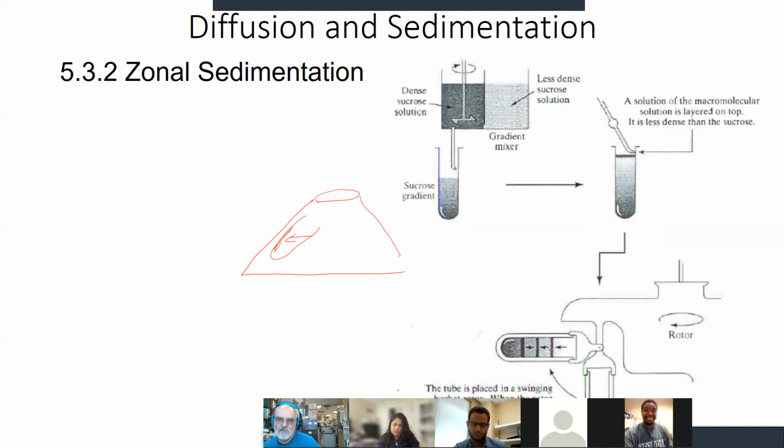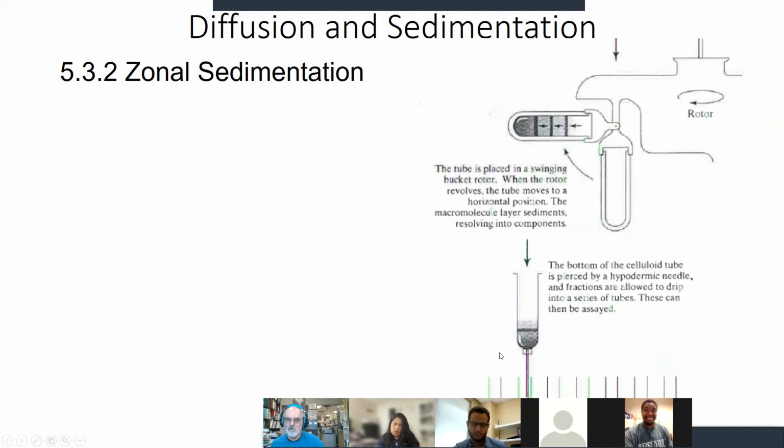You have to know how long to sediment, and you can capture things. This is the technique, for example, that was used to isolate polysomes early in the 60s. This is the way that people said, oh, look, we have molecules with multiple ribosomes on them. What is that? Okay, so this was the technique that was used for that type of an analysis.